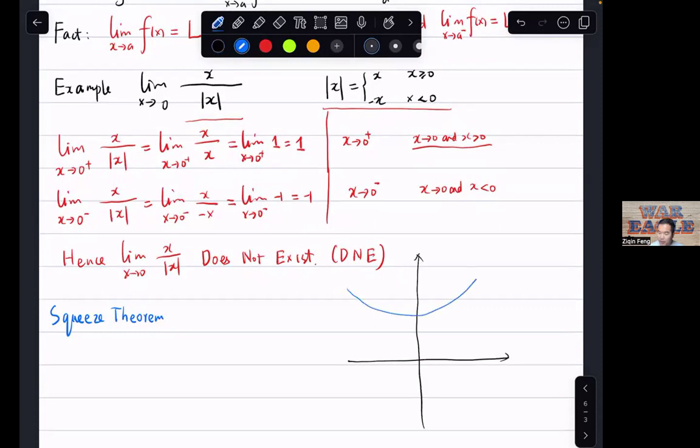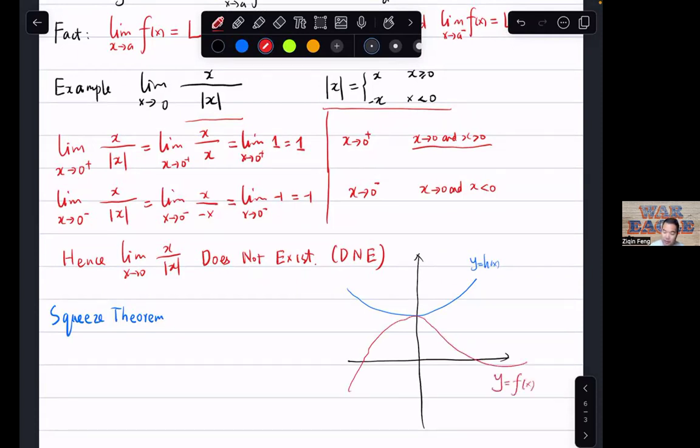This blue one is our function y equal to h of x, and this red one is our bottom function, y equal to f of x.